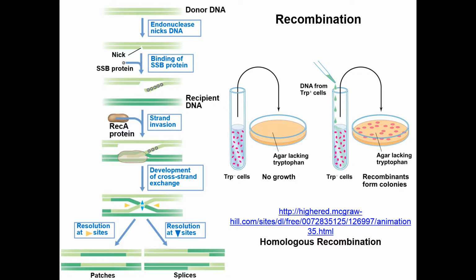It's single-stranded DNA at that point in time, at least a portion of it is. And here you have recipient DNA. So this new DNA can invade the host DNA, and it can bind to a complementary sequence in the recipient DNA.